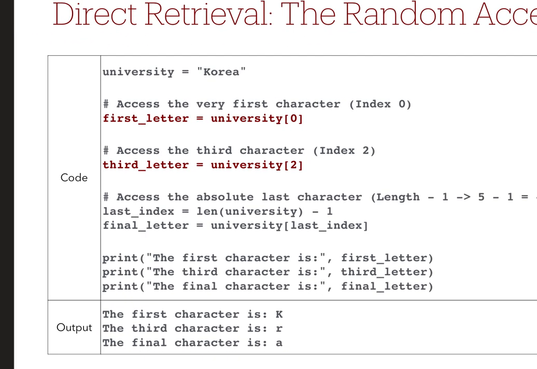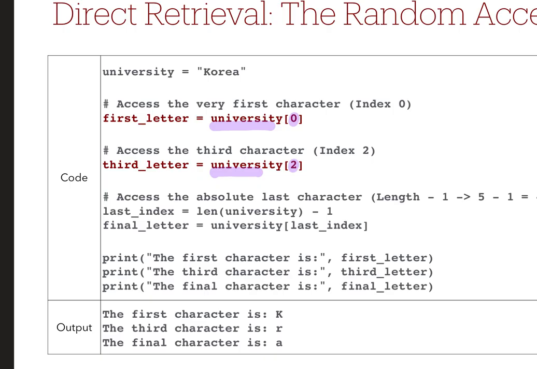So suppose that university consists of these 5 letters from K to A. When I say university[0], I'm implying the first item in the sequence, which is K. If I call university with the index value 2, then I imply the third item, not the second item.